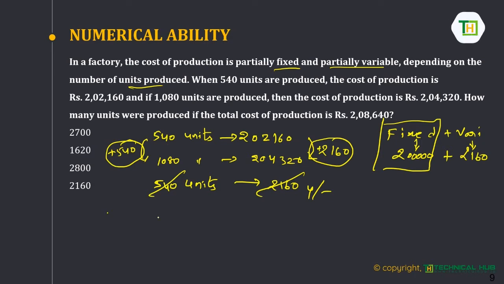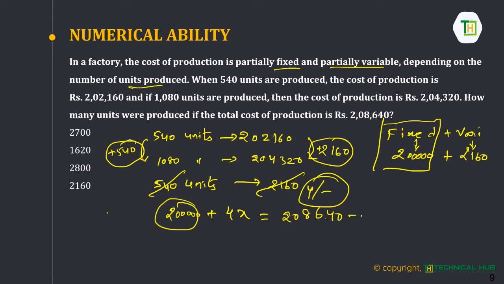2,08,640. Here if you observe carefully, the fixed one is 2 lakhs. Let us take the number of units as x units and the cost of each unit is 4 rupees, so 4x is equal to the total cost, which is given as 2,08,640. Now this 2 lakhs comes to the left side, minus 2 lakhs, which is equal to 8640.